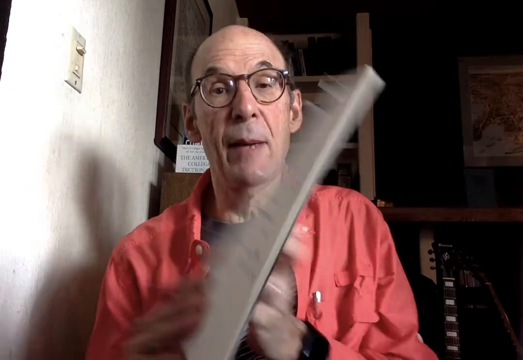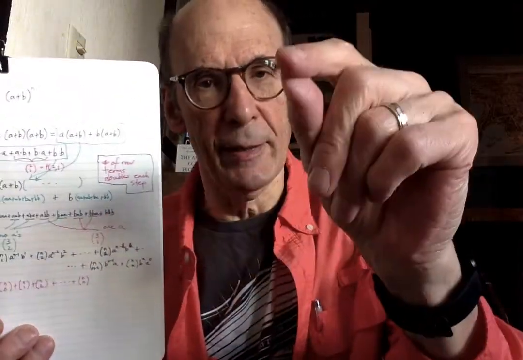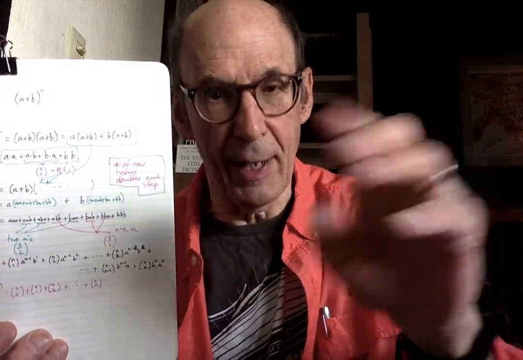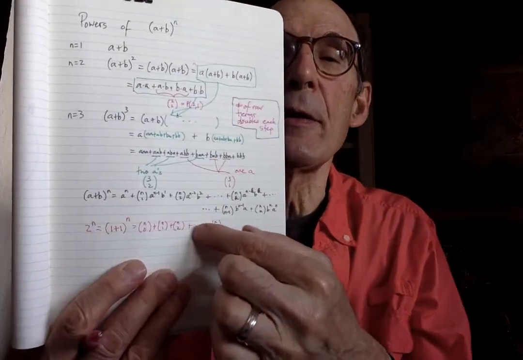And so when we raise that sum to the nth power, what we're going to see is the sum, n choose 0, plus n choose 1, plus n choose 2, all the way down to n choose n. I forgot to say the 1 to the k and the 1 to the n minus k. But when we multiply by 1, that doesn't change anything. So when we add up all of these binomial coefficients, we get 2 to the n.